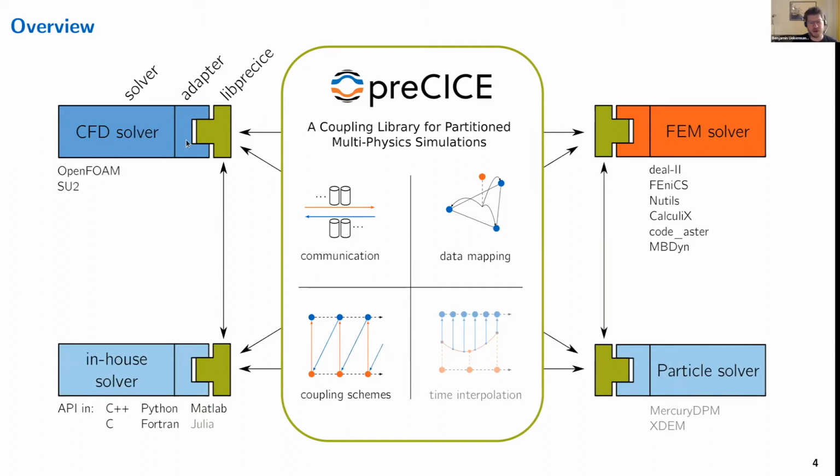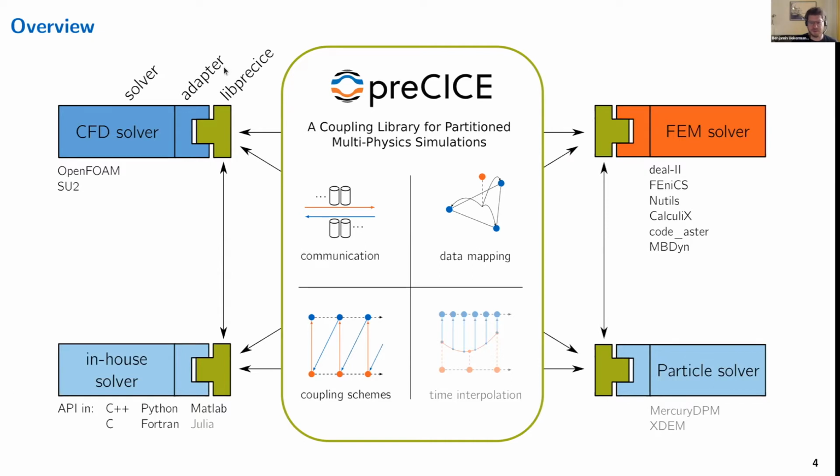And the adapter now can have very different shapes depending on the solvers. So often this is again kind of a standalone software package, for example, again, a library. So the solver calls the adapter and the adapter calls preCICE. preCICE comes with a number of ready-to-use adapters.